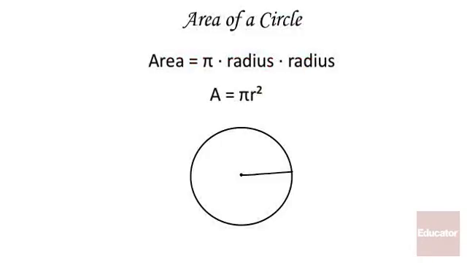So first, to review area, remember it's how much space it's covering up. So the area of a circle is when you have a circle and you see how much space it's using. For example, let's say you have a hole in your jeans, and you want to cover it up.